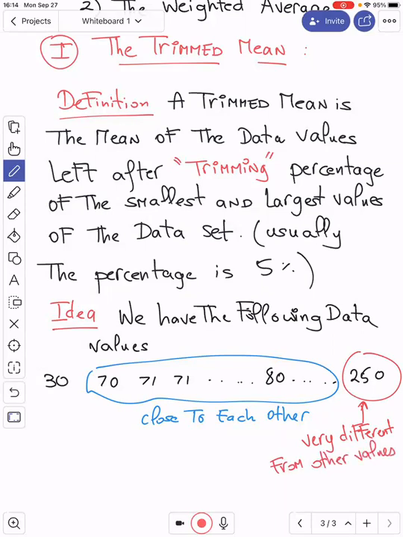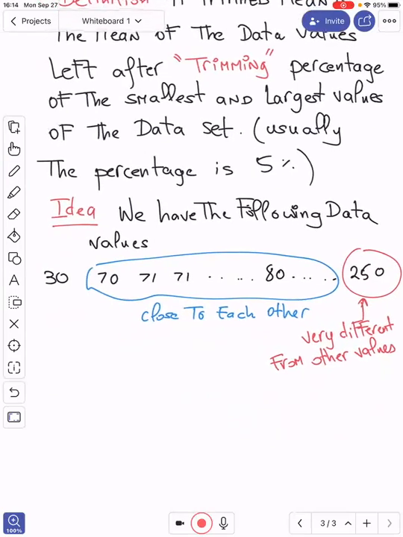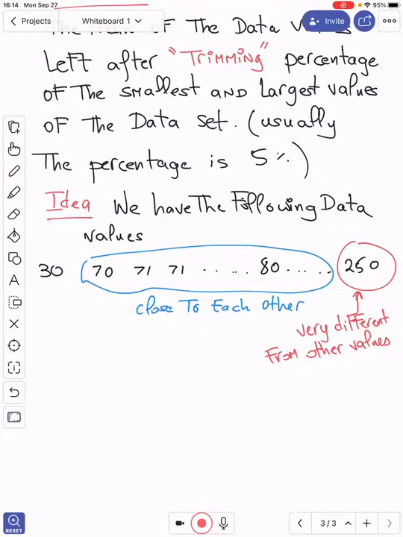Now, when you compute the mean of these data values, of course you're going to take into account the 250, because it's in your data set.